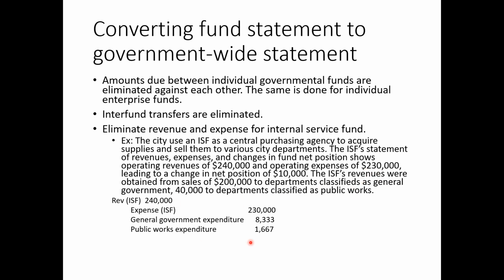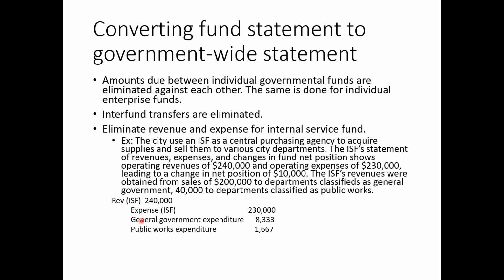So in the following journal entry, we're going to remove internal service fund revenues and internal service fund expense. So redo the revenue expenses. And we eliminate the net change in internal service fund.